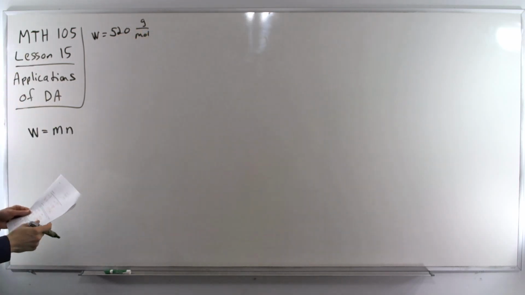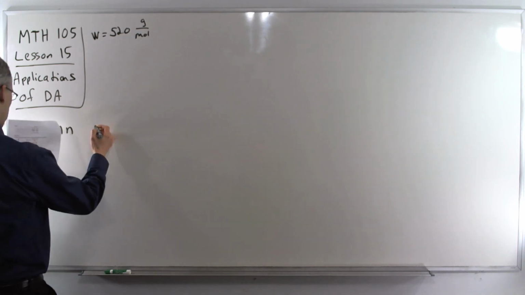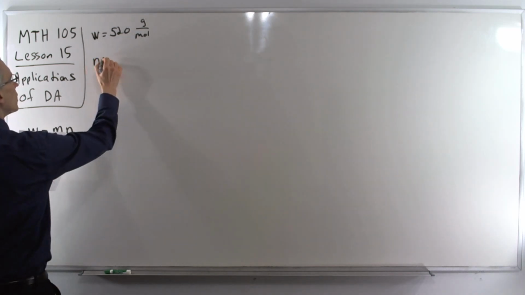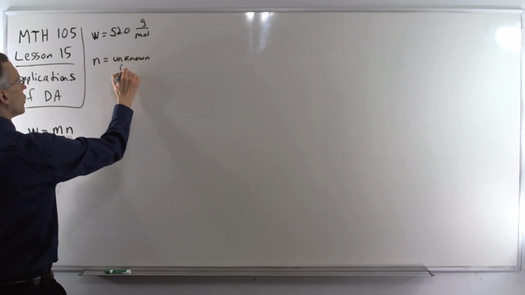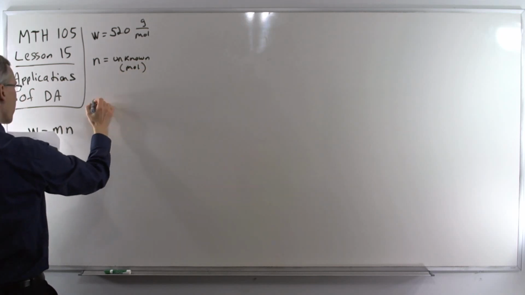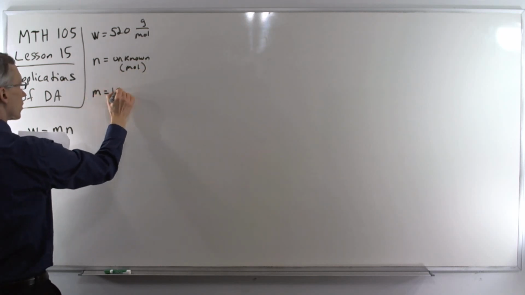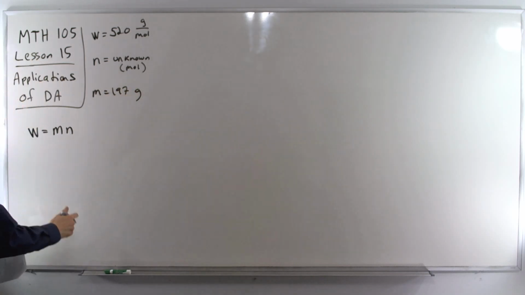G for grams and MOL for mole. All right, then we've got N, unknown, the units of mole. And then we've got M, 197 grams. All right, let's see if this equation works.